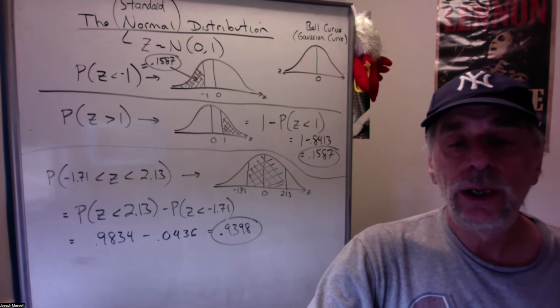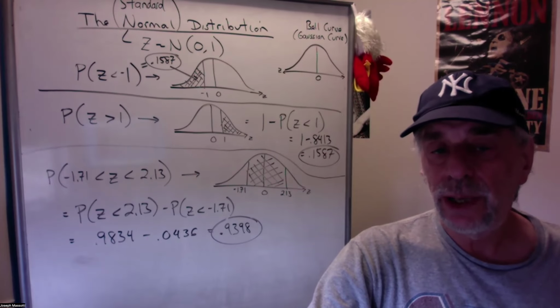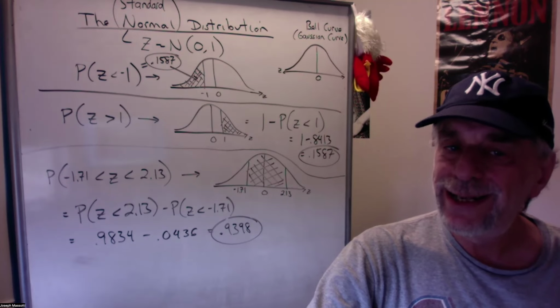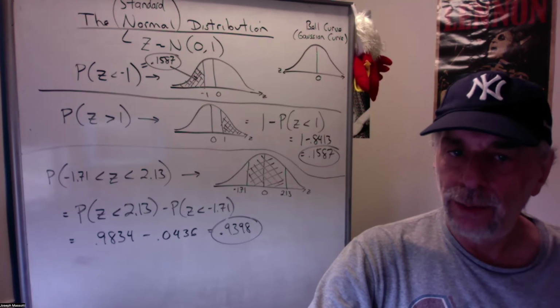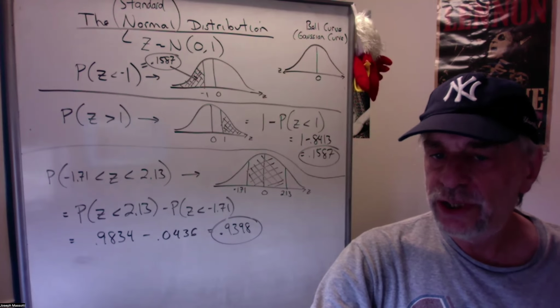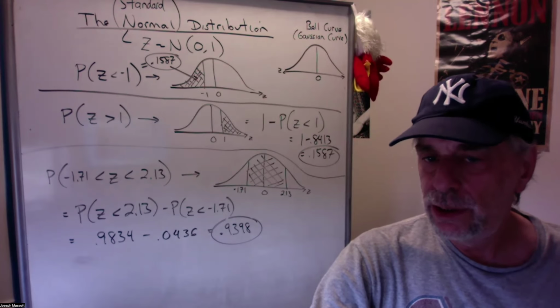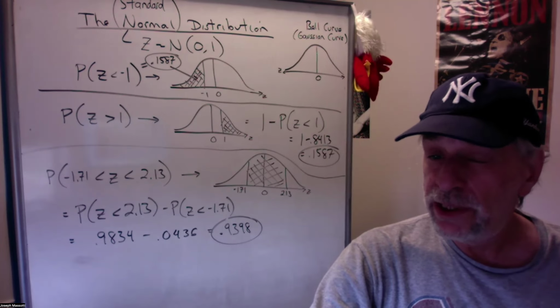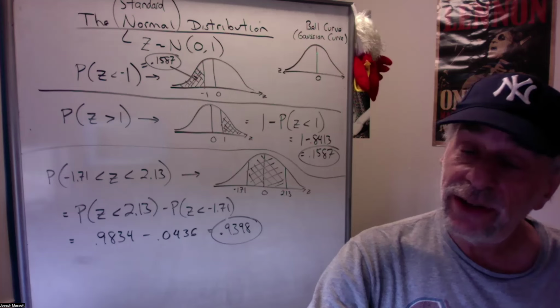Okay. So that's another thing to think about. When you're looking for the probability of z greater than some number, you can change that to the probability that z is less than the negative of that number and realize that that's going to give you the same result. So you can use this idea of complements, or you can use the idea of symmetry and say, I know the probability that z is greater than 1 is the same as less than negative 1.